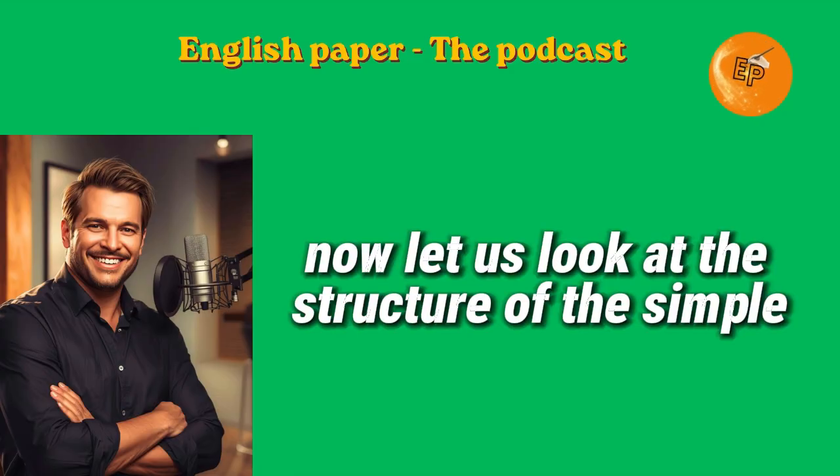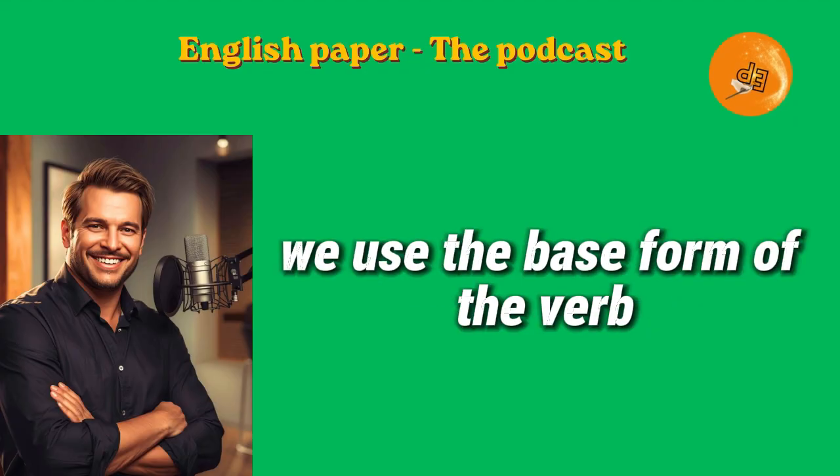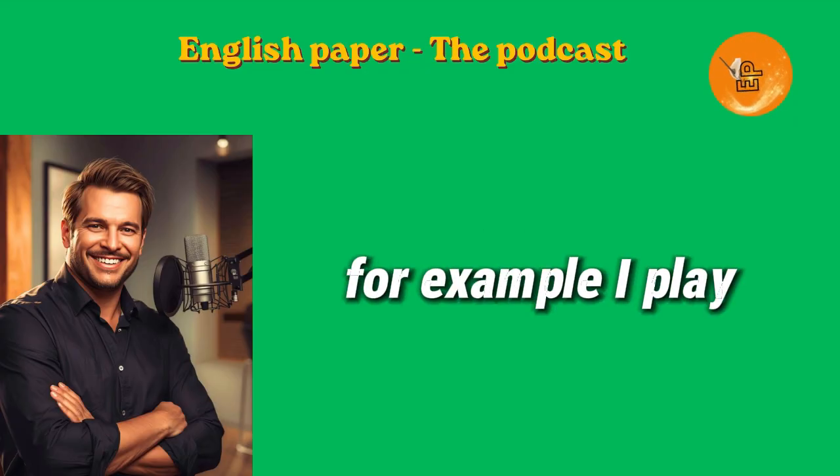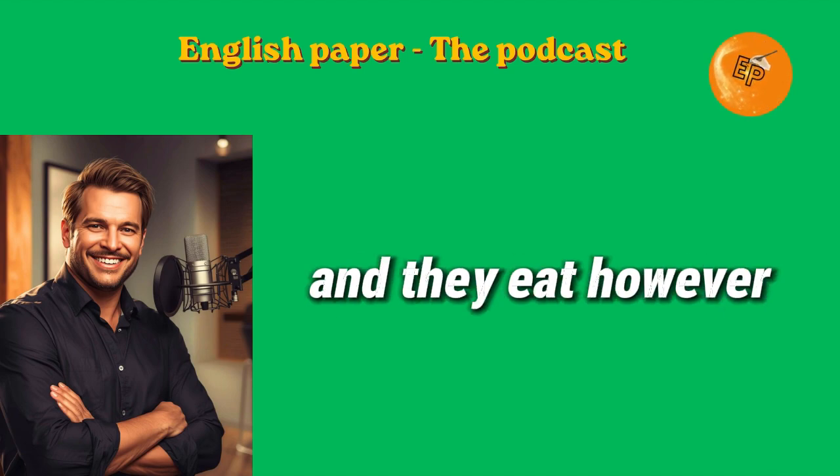Now, let us look at the structure of the simple present tense. For most subjects, such as I, you, we, and they, we use the base form of the verb. For example, I play, you work, we study, and they eat.